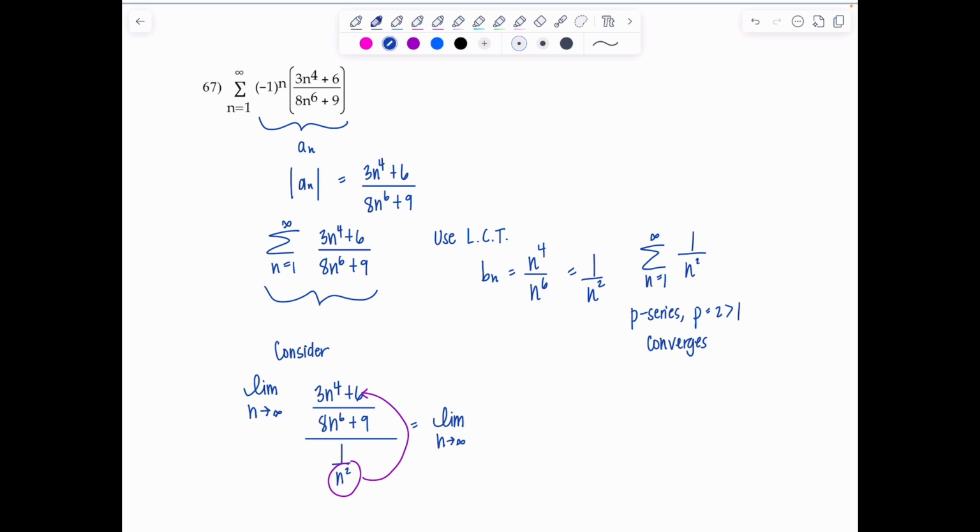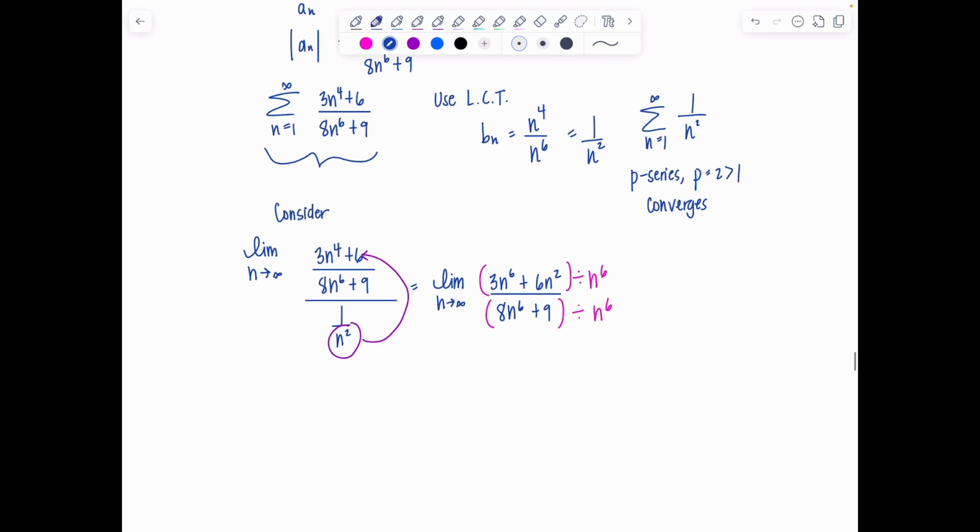Are you okay with me doing that? 3n to the 6th plus 6n squared over 8n to the 6th plus 9. And then to take this limit, we'll divide by the highest power of n from the denominator, which is n to the 6th. And then we get the limit as n approaches infinity of 3 plus 6 over n to the 4th over 8 plus 9 over n to the 6th.